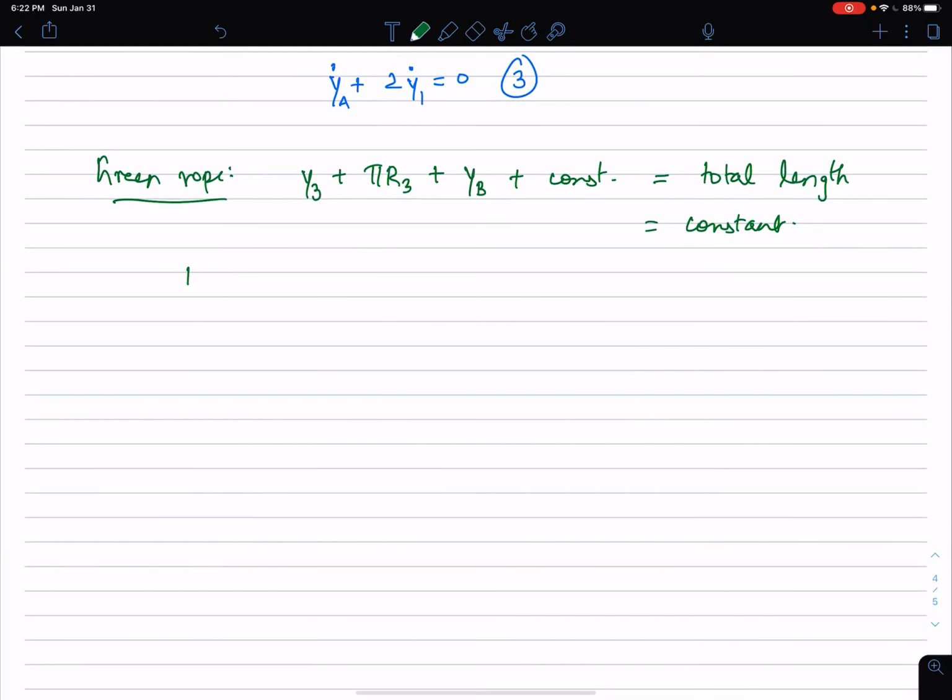So differentiate. We get Y3 dot plus 0 plus YB dot plus 0 equals 0, or YB dot equals minus Y3 dot. Okay, let's call this equation number 4.